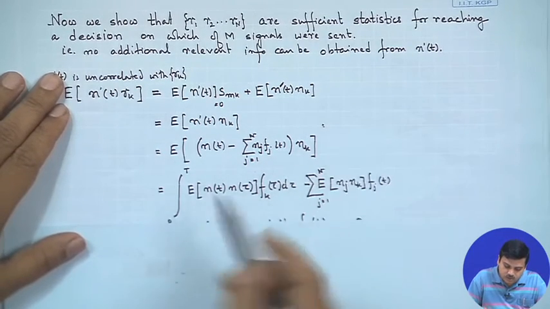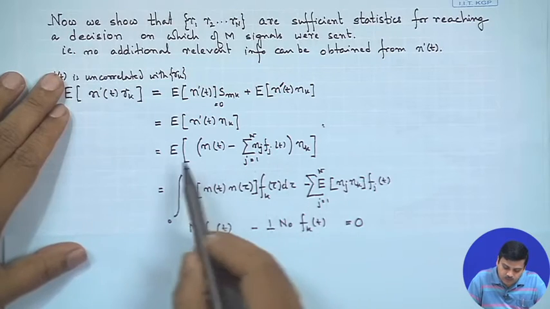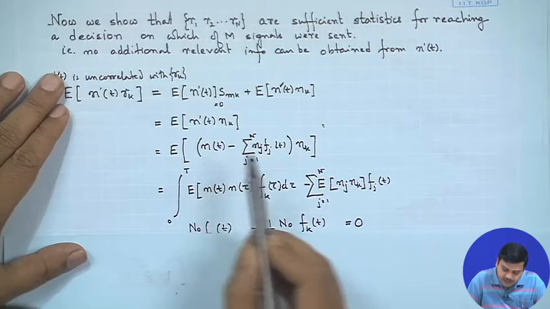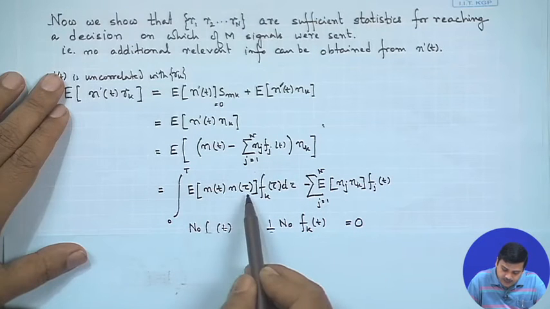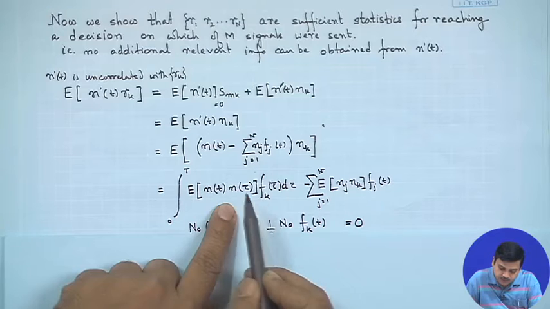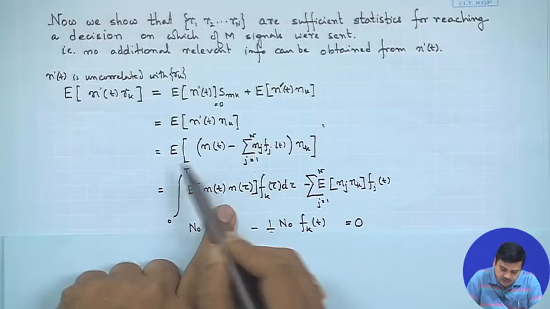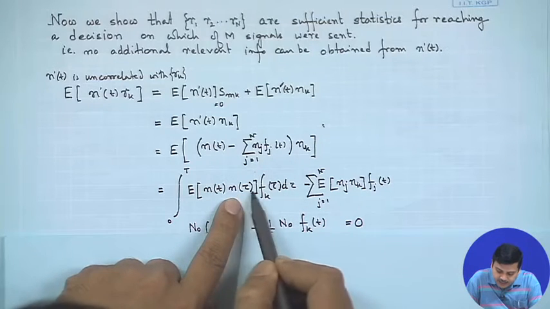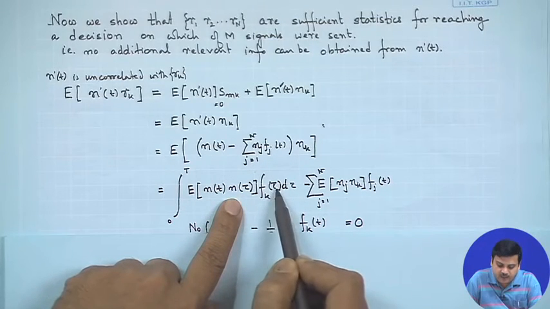Moving further, we have the expectation of n(t) multiplied by n(tau) times f_k(t) as one of the components in the expectation. Whenever you take the expectation of n(t) and N_k, N_k is basically the integral of n(tau) times f_k(tau), right.